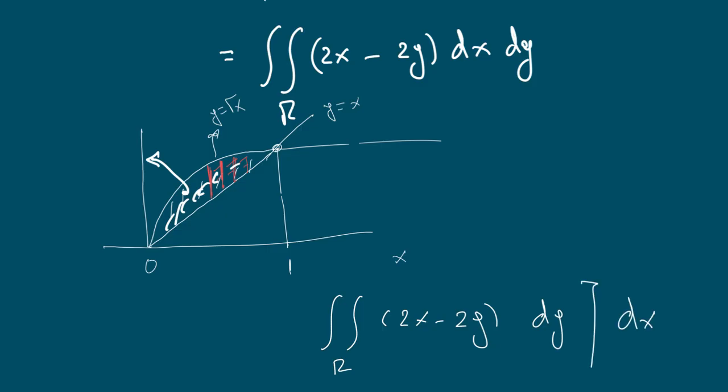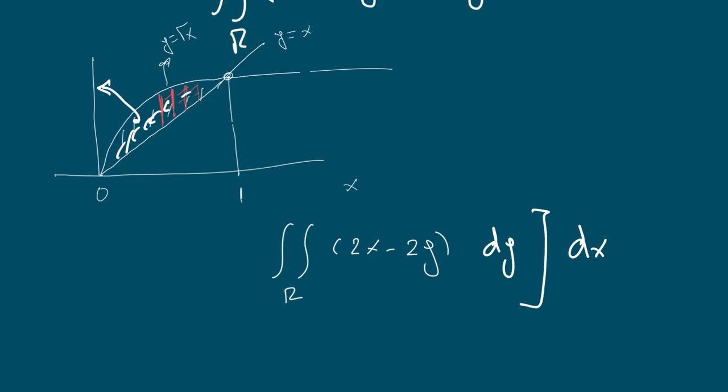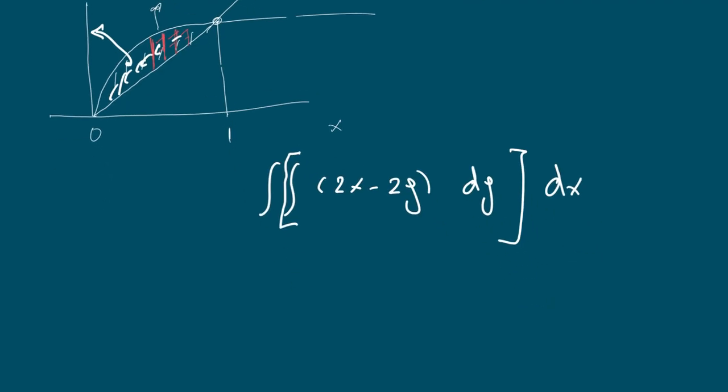Perfect. So let's go to do the first integral. What we erase here is the R. So let's go to do the first integral, and later on we'll do the other integral.